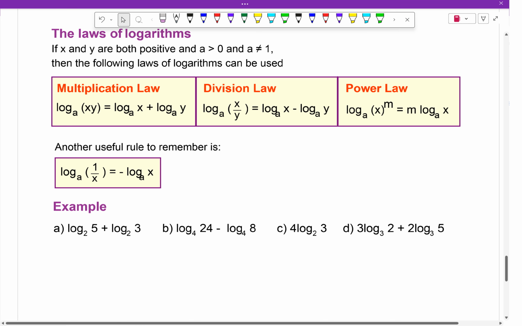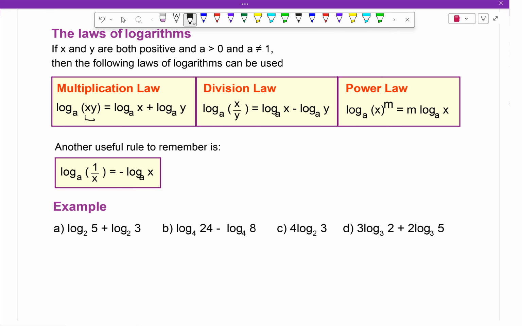Now, here are the final laws we need to know. We've got the law of multiplication: inside the bracket, it becomes plus. It's the same concept as our indices: if it is multiply, it will become plus, and the other way around.